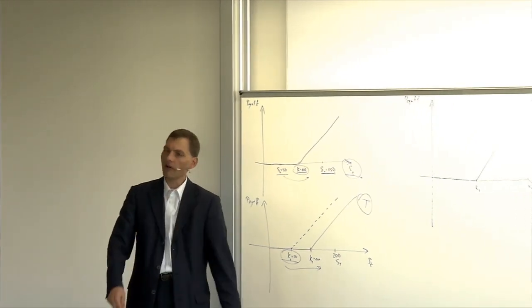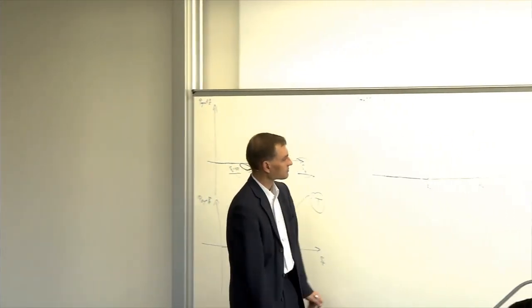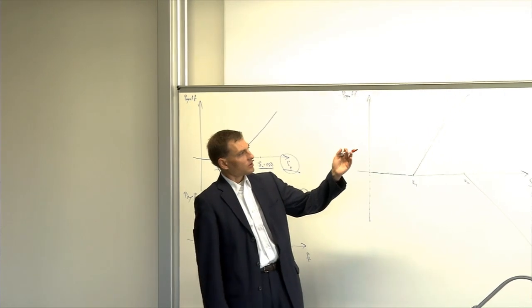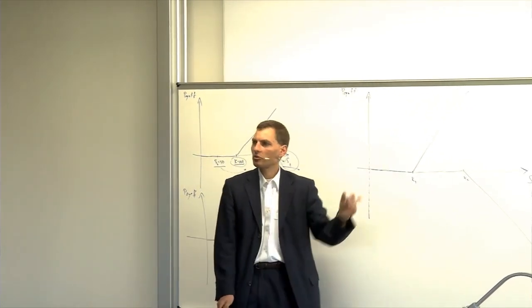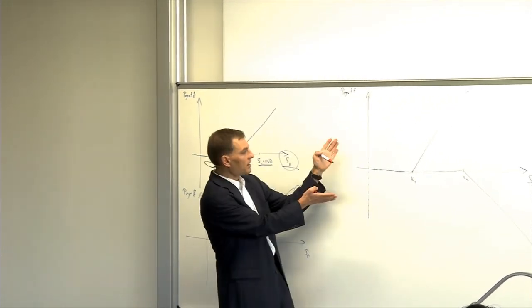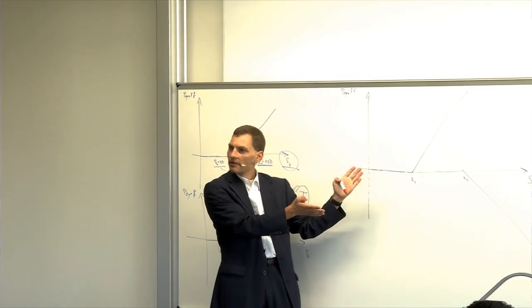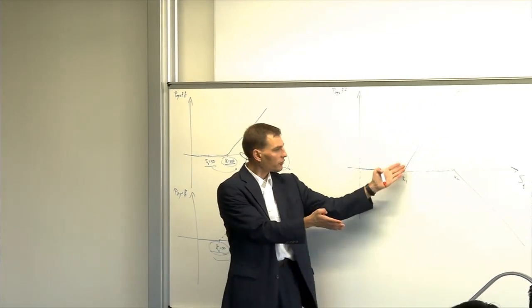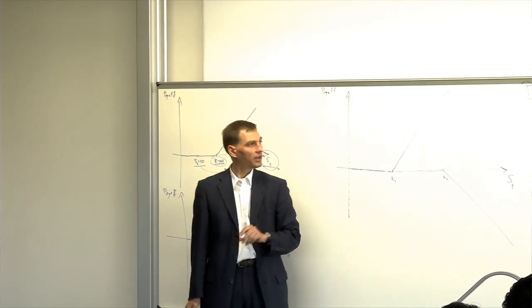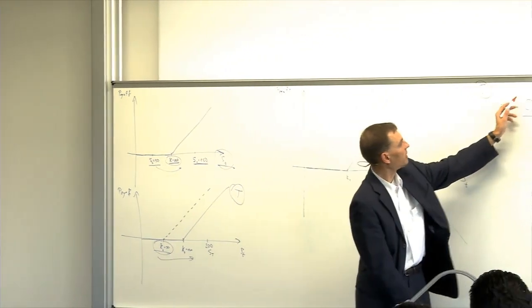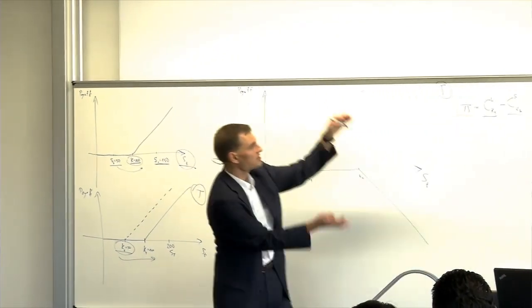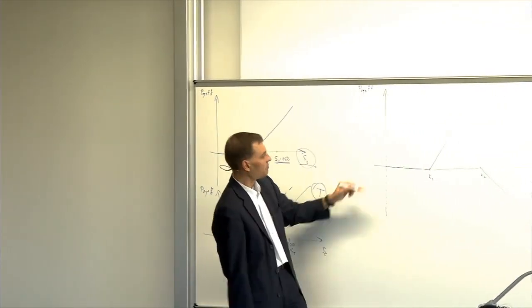My portfolio payoff. Well, what we do to find the portfolio payoff is we graphically add up the blue payoff and the green payoff. Because my portfolio consists of both, we just have to add up both together.